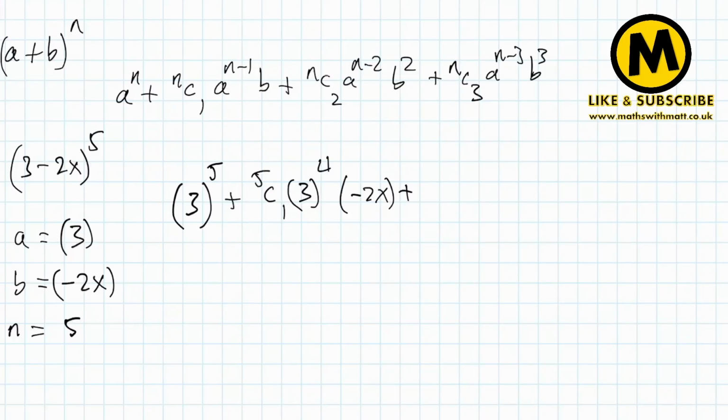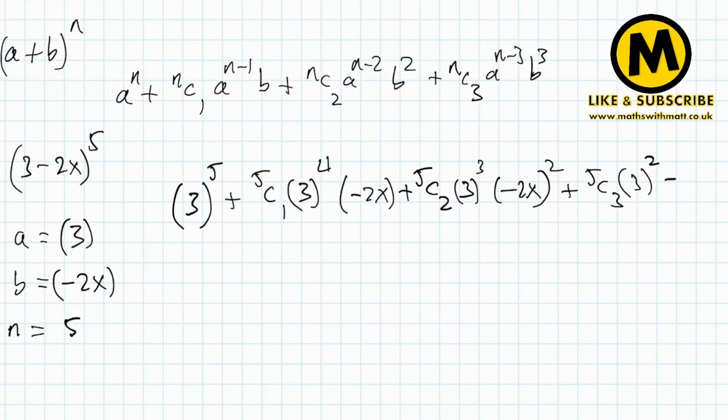Then we have nC2, which is 5 choose 2, a, which is 3, to the power of 5 minus 2, which is 3, times (minus 2x) to the power of 2. Plus, then we have 5 choose 3, a, which is 3, raised to the power of 2, times (minus 2x) to the power of 3.